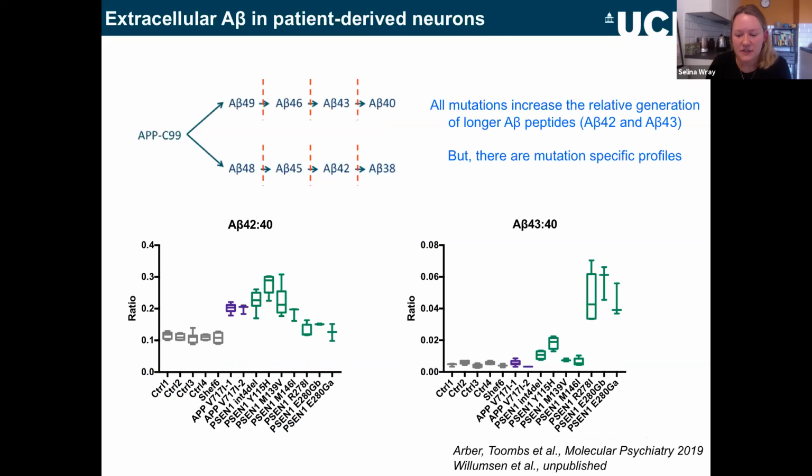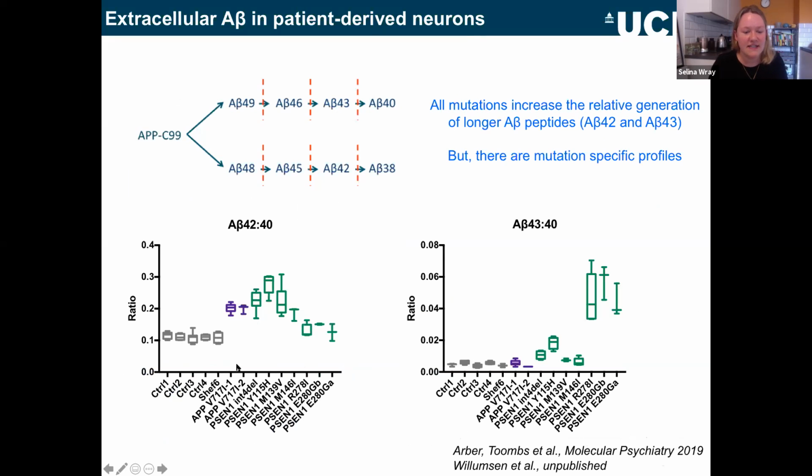So this is just some data from our own work. I won't go into this in a lot of detail, the reference is here for anyone who is interested, but we're really looking at a very typical phenotypic readout for Alzheimer's disease linked mutations, where they shift the processing of these A beta peptides.